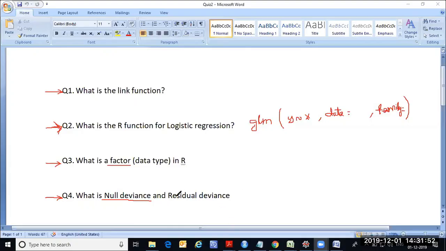How about residual deviance? Along with the intercept value, you consider all input variables. The error term that is calculated by considering all input variables in your model would be residual deviance. So which one should be higher? Which one should be lower?